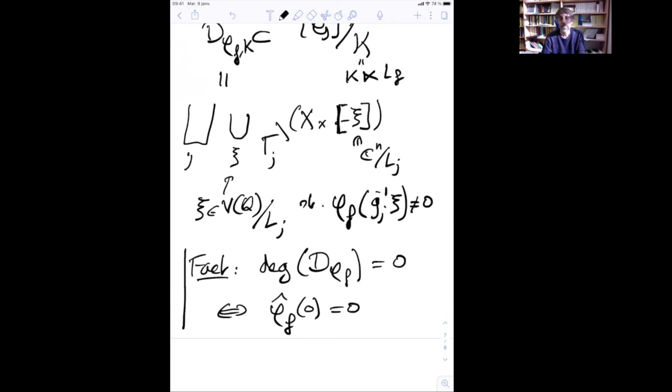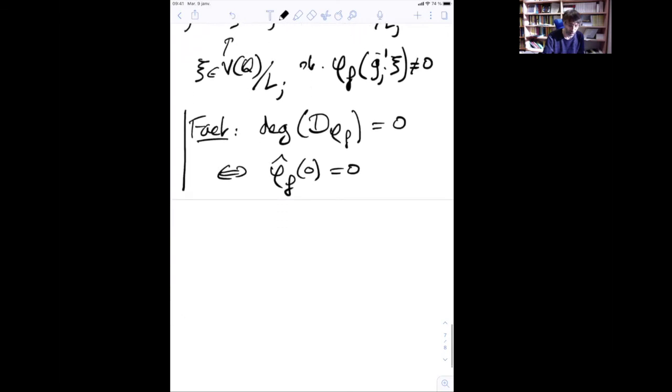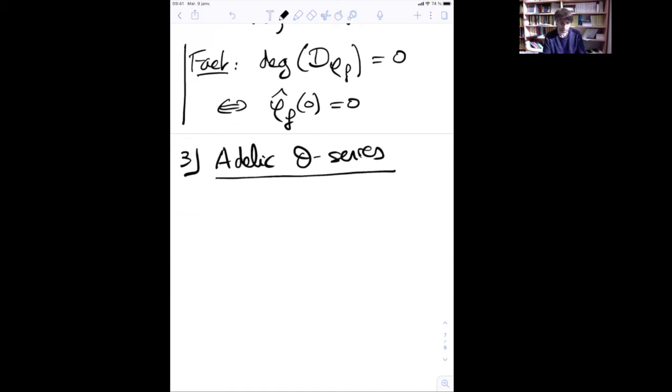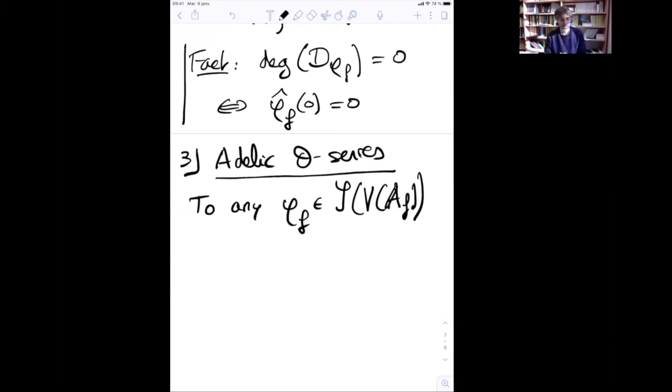And once we have this data, we can now build adelic theta series, and that's what I will now do. Okay, so that's the next. My next goal is to describe adelic theta series, and then I will go back to the classical situation. You see why I want to really deal with that, is that because I want to associate something to any finite Schwartz function.